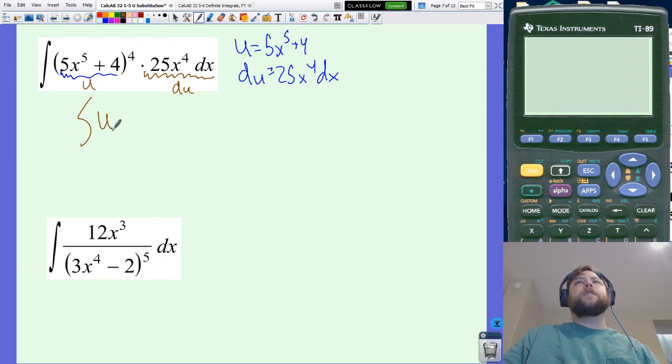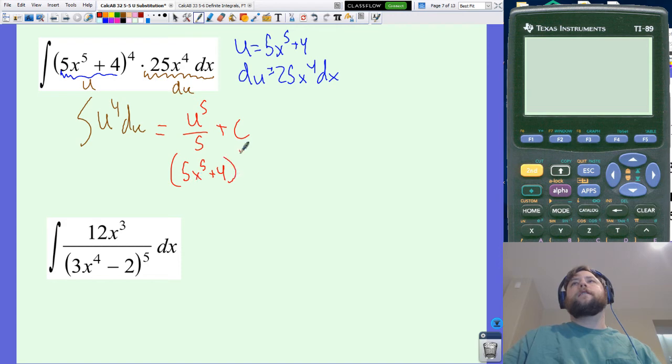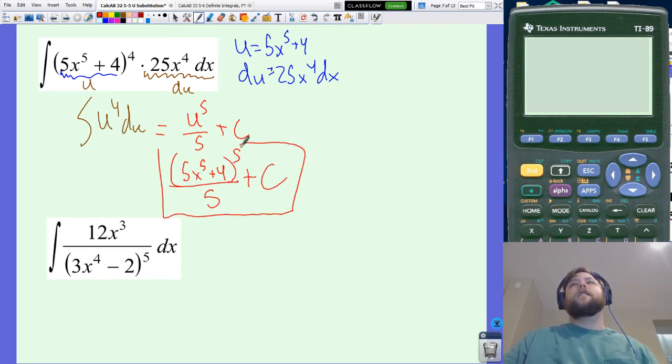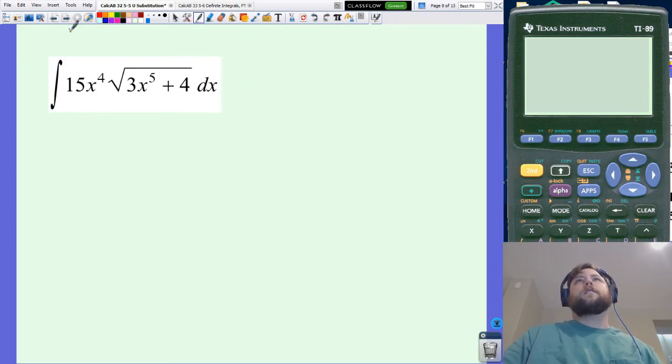So when you substitute in, you get u to the 4th du. I didn't even have to do any of that weird work. So the integral is u to the 5th over 5 plus c, and my final answer will be (5x to the 5th plus 4), all that to the 5th power over 5 plus c. Sweet.